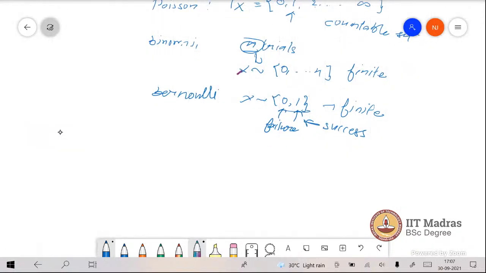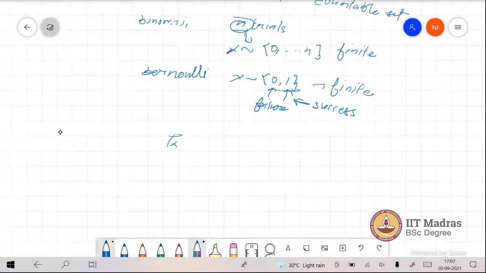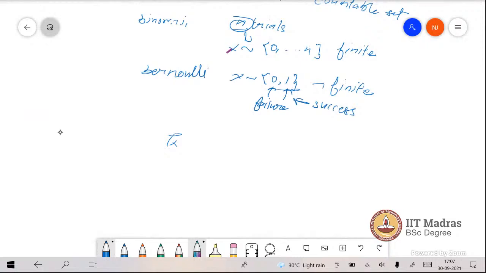So a discrete random variable takes finite or countable values. But let's say I'm interested in the heights of some students. This is again a random variable.